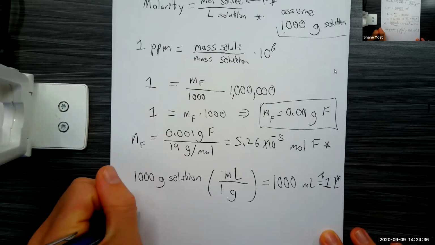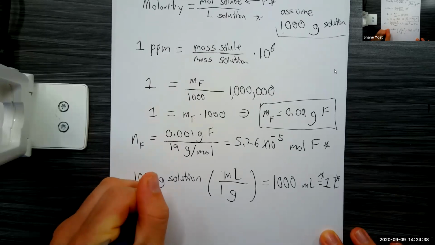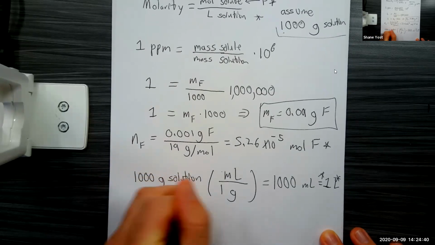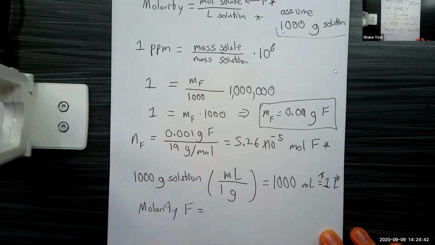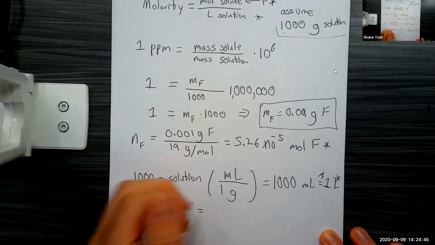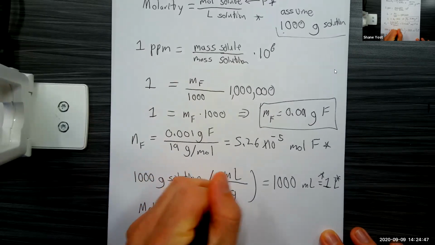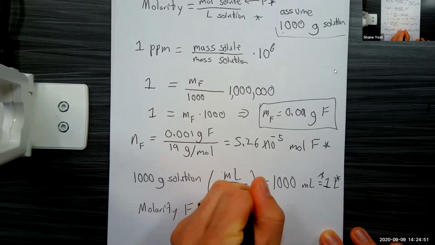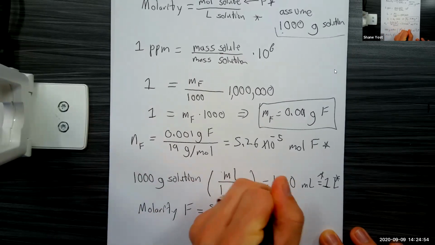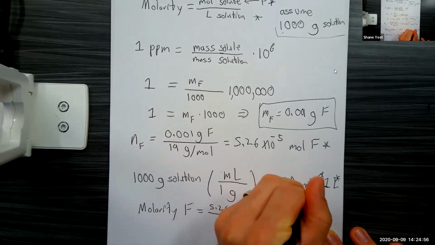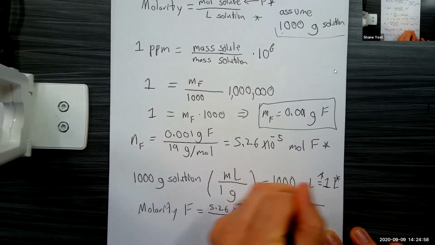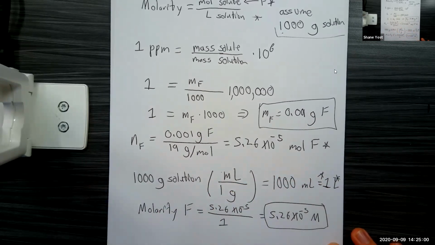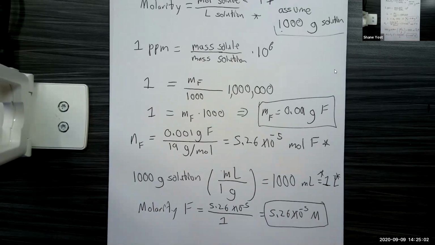So the concentration of fluorine in solution in terms of molarity is 5.26 times 10 to the minus 5 divided by 1, or just 5.26 times 10 to the minus 5 molar. That is the molarity of this solution, which is 1 part per million.